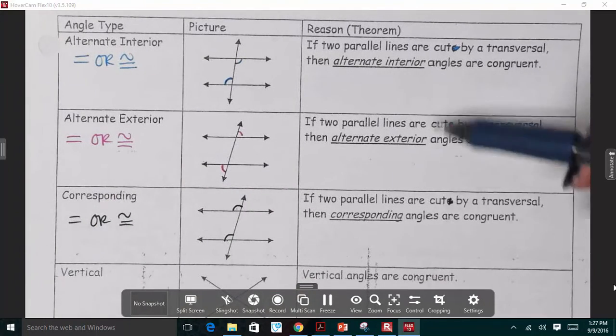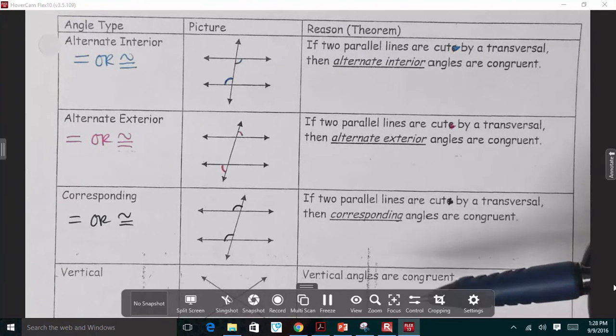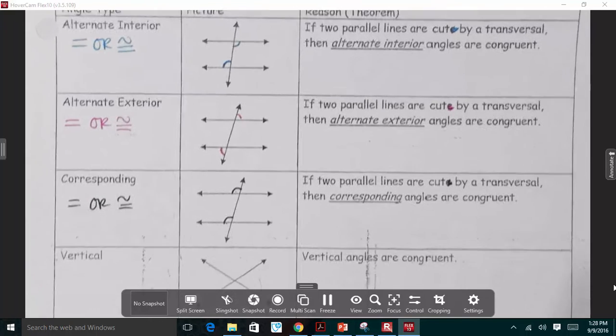Do y'all notice a pattern in this statement? What's the only thing that's changing? The type of the angle, okay? So all of these are true if two parallel lines are cut by a transversal, okay? So we're always going to use that part, and then depending on what type of angle it is, that's how it changes.